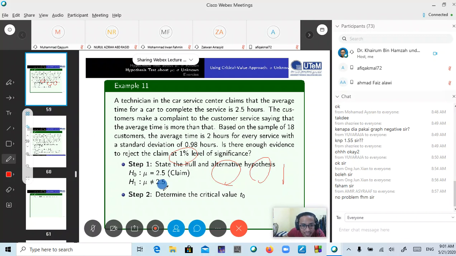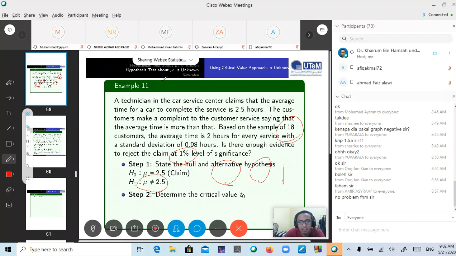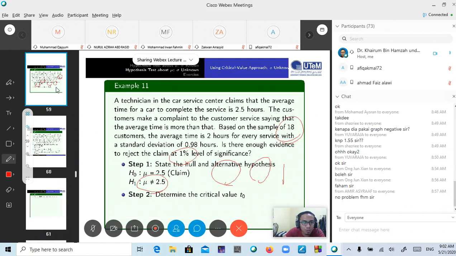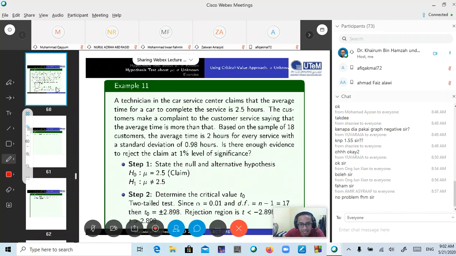Okay. And then this one is two tail. Degree of freedom n minus 1. So 17. Awak pun tengoklah table 0.01 two tail. Ha ni yang belakang ni. Okay. 17. So awak akan dapat 2.898. Okay. So your T naught is 2.898. Okay.